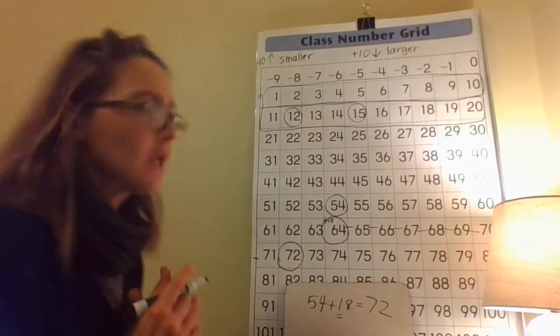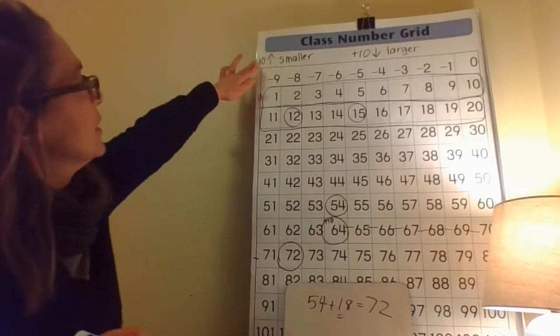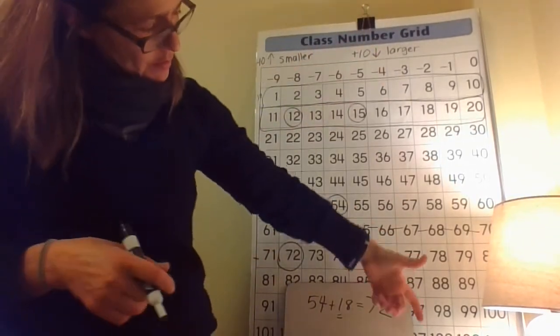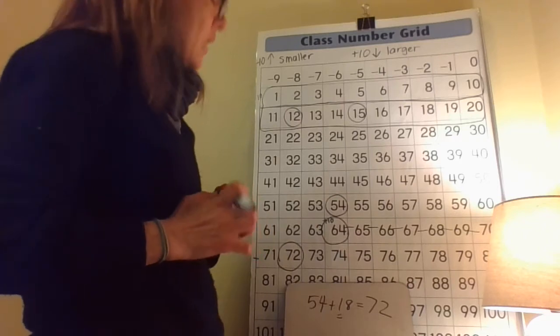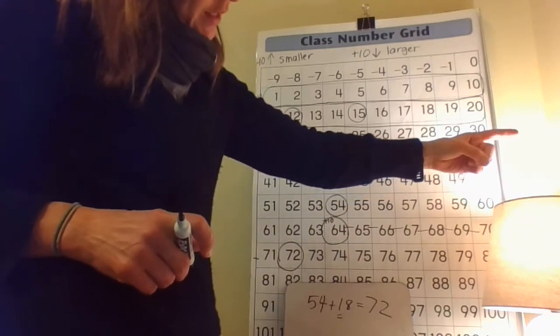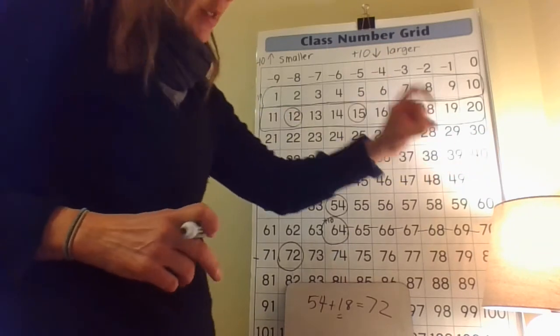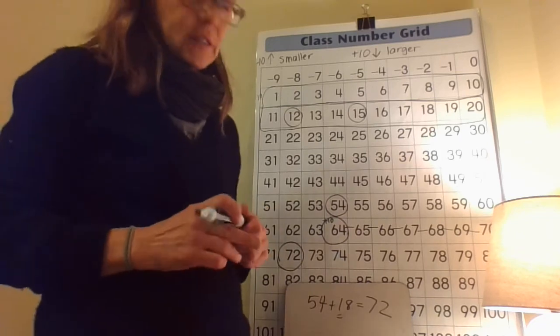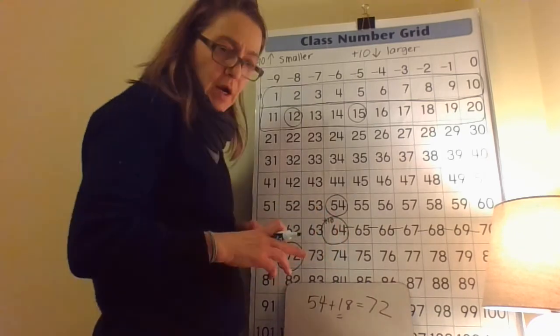climbing up or climbing down. Climbing up is decreasing and climbing down the number grid is increasing, getting larger. Okay, going across is getting larger by ones and coming to the left is decreasing by ones. I'm wondering where I can write that.